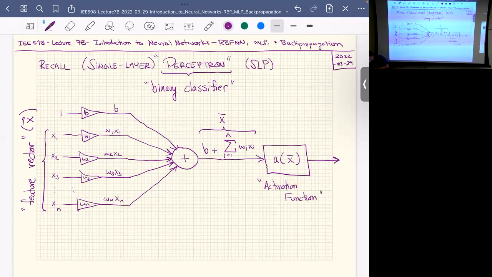And last time we talked about how this activation function could be a wide range of different things. For a perceptron, for a binary classifier, we're just going to use the Heaviside step function.